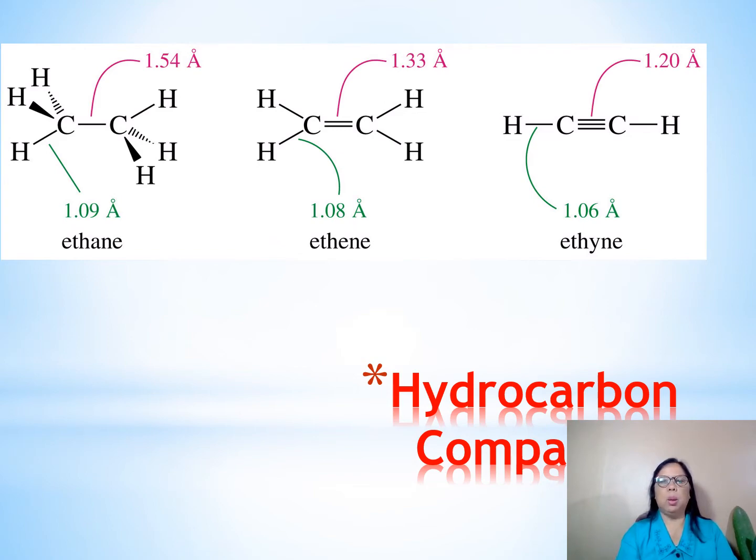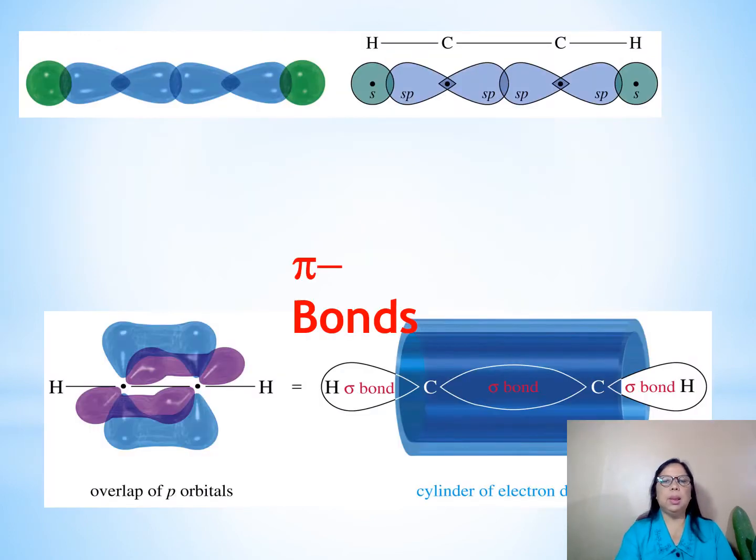So in terms of energy requirement, the ethyne or the triple bond needs more energy in order to break the CC bond. This is the electron cloud formula for your triple CC bond. So we have here your pi bond.